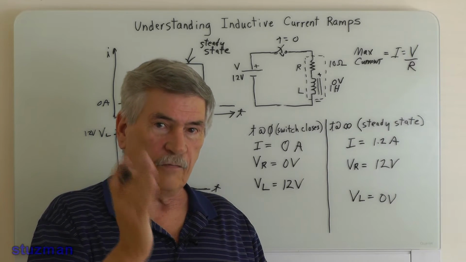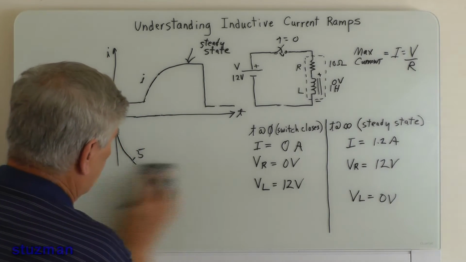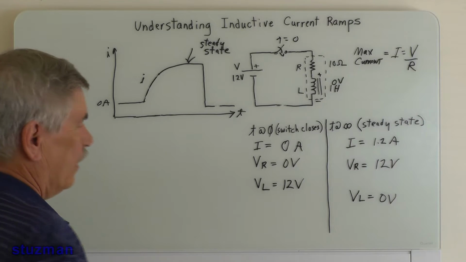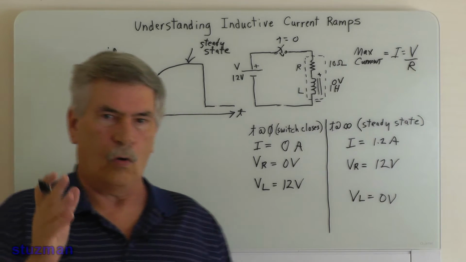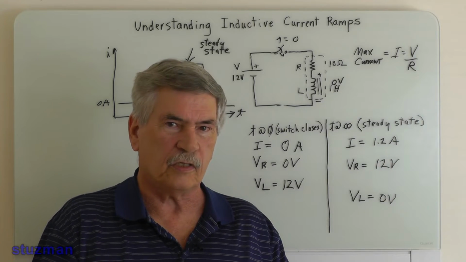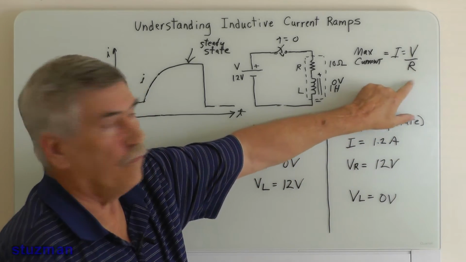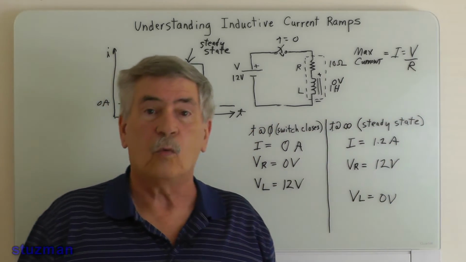And we can calculate and figure that out, and that's called a time constant, right? Now, a time constant is the amount of time it takes for a coil or inductor to charge to 63.2% of its max value. That's that value over here that we just talked about, in this case 1.2 amps.